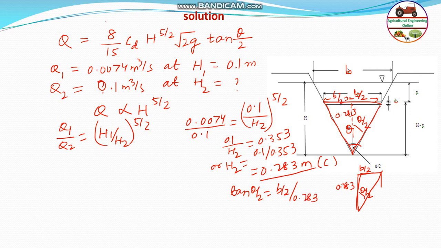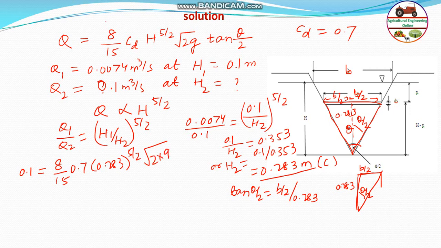Now tan theta by 2 we need to find out. For this, just put the equation: 0.1 will be equal to 8 by 15 into 0.7, since the coefficient of discharge is given as 0.7, and H is what we calculated, that is 0.283, to the power 5 by 2, and into square root of 2 into g, we take 9.8, and into tan theta by 2.